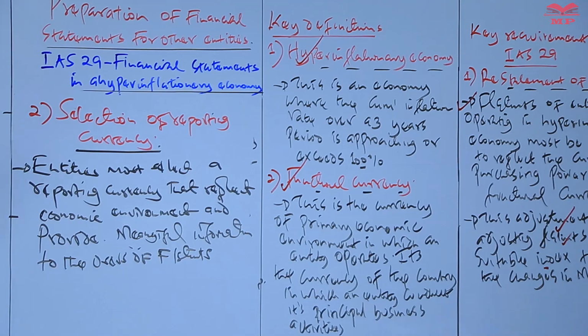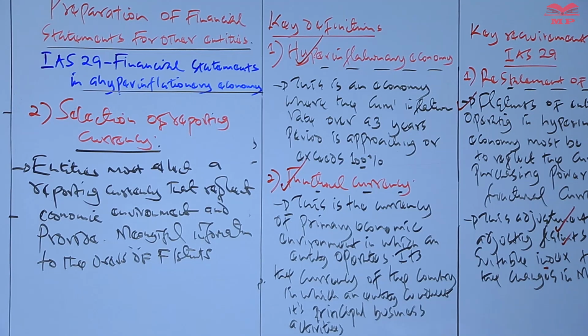And on the other hand, we can say that the reporting currency could be the functional currency, the local currency of the primary economic environment in which an entity is operating, or a stable foreign currency.